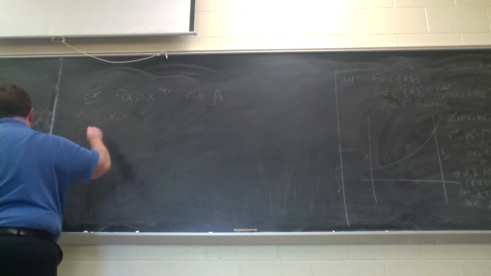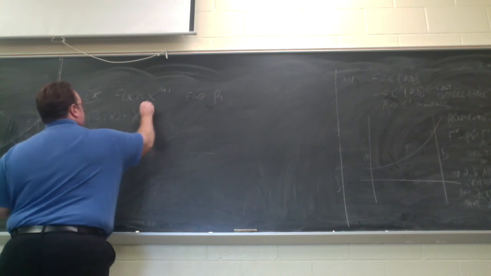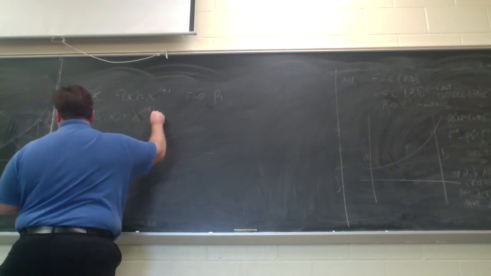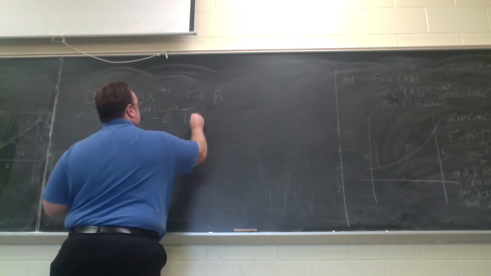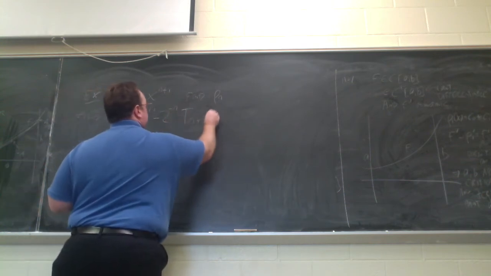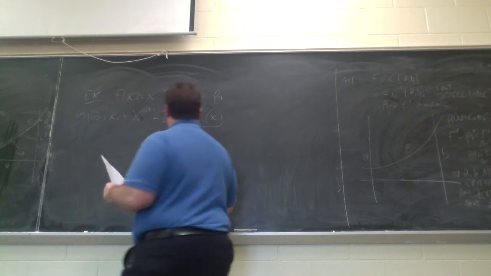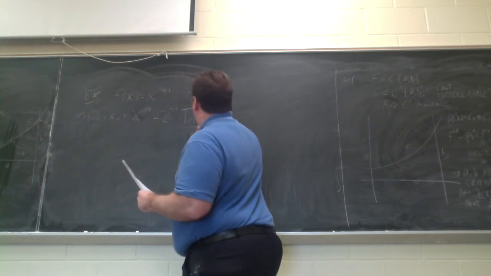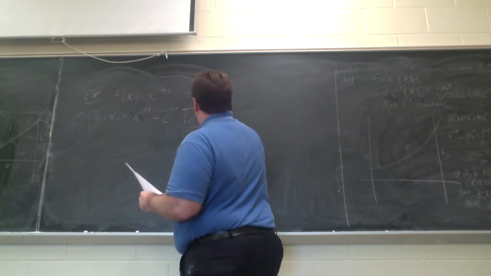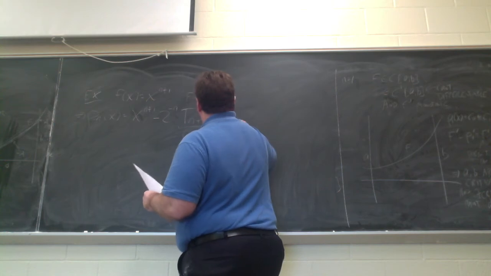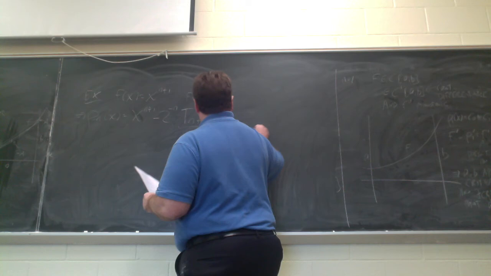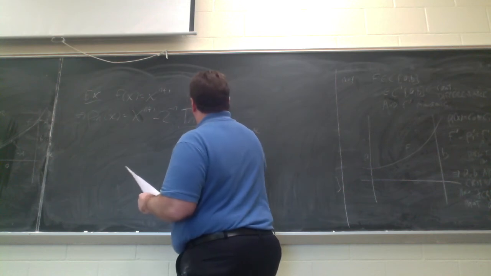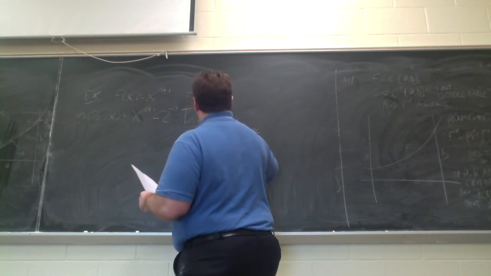P of x turns out to be x to the n plus 1 minus 2 to the minus n T n plus 1 of x, where T n plus 1 is a Chebyshev polynomial of degree n plus 1.